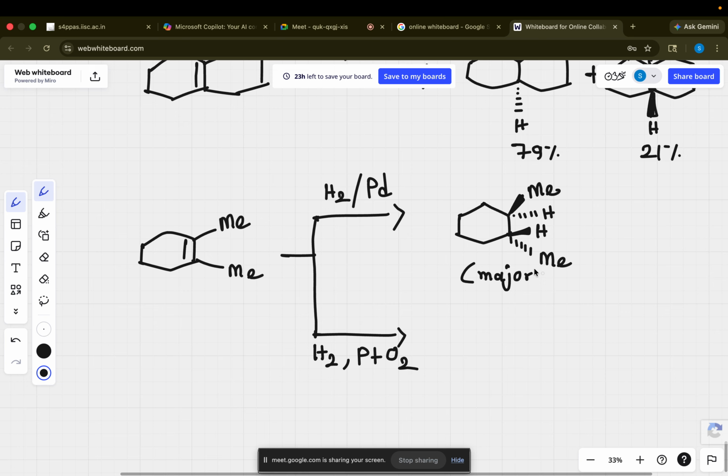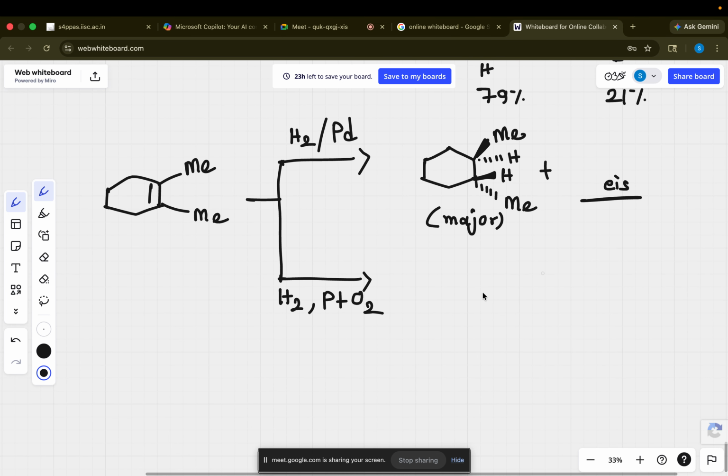I am not writing down the minor product. I think you can write down the minor product. The minor product is the syn addition, the cis product. The cis one will be your minor. And if you are using Adams catalyst, which one will be major? The cis one will be your major.